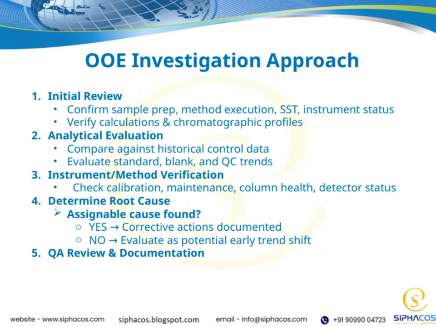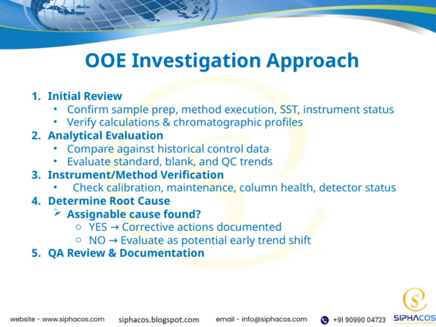If an issue arises, we need to determine the root cause. The key question here is: is there an assignable cause? If the answer is yes, then we document the corrective actions taken to resolve the issue. If no, we consider whether this might be an early trend shift, which could indicate a developing problem that needs monitoring.